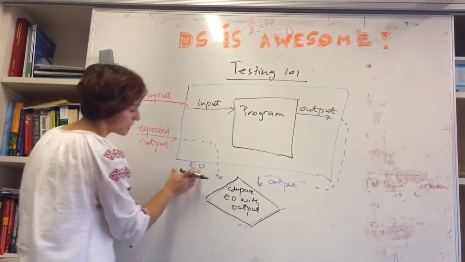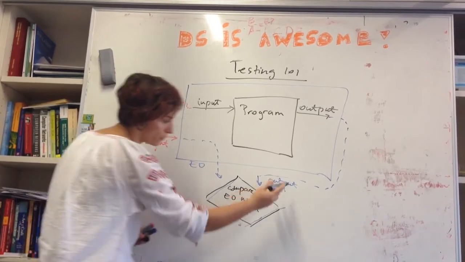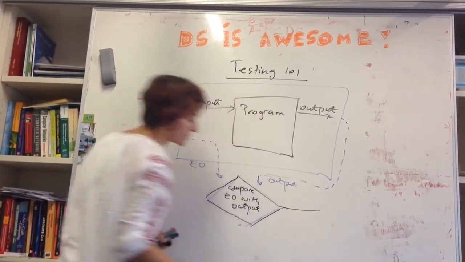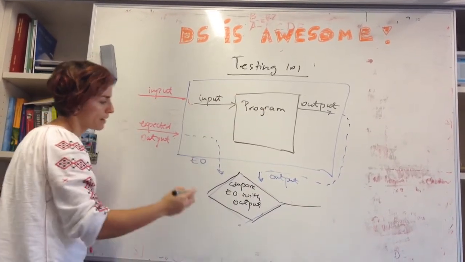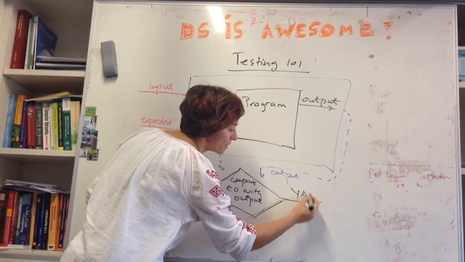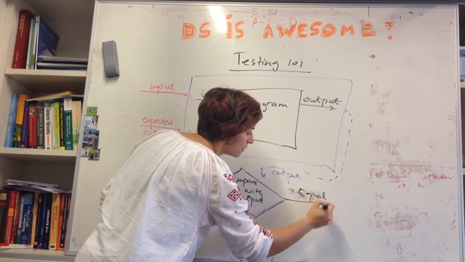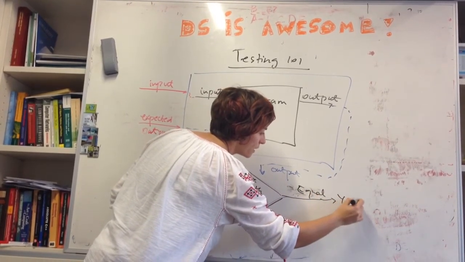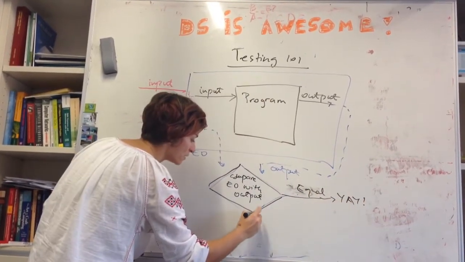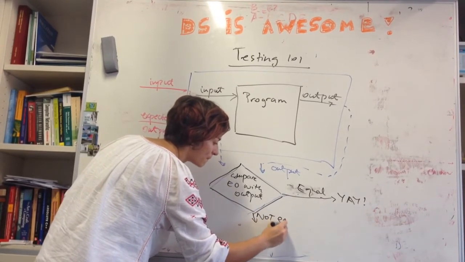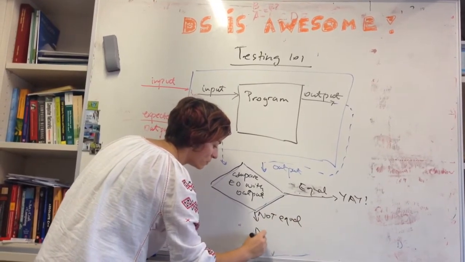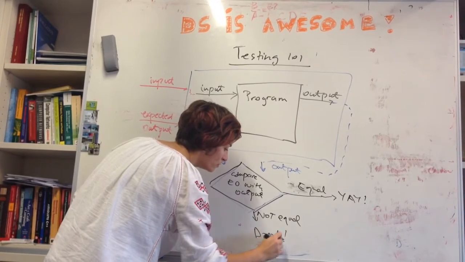So if the expected output is equal to the output that the program has spat out, then we're going to say yay. If it's not equal, then it's going to be, I don't know, doom.